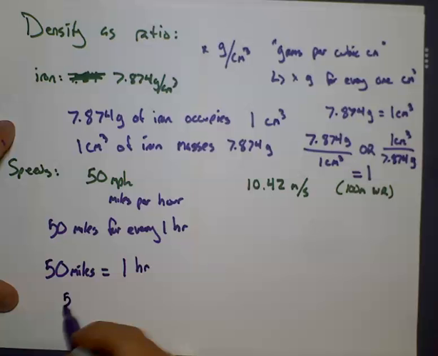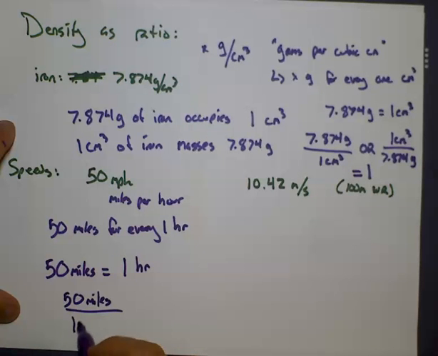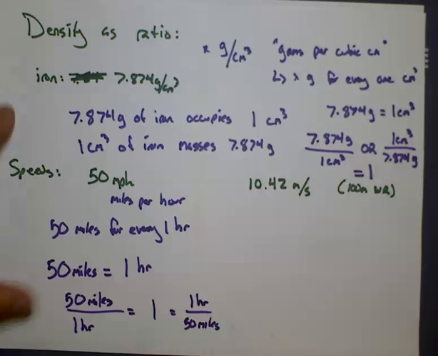So if I'm turning this into a speed and into a fraction, I can say 50 miles over 1 hour would be the same as 1 hour over 50 miles, and they both evaluate to 1. Because 50 miles and 1 hour are essentially equivalent in terms of this speed, every hour means you go 50 miles. If you've traveled 50 miles, it means you've gone 1 hour. The top and the bottom here are both equivalent.